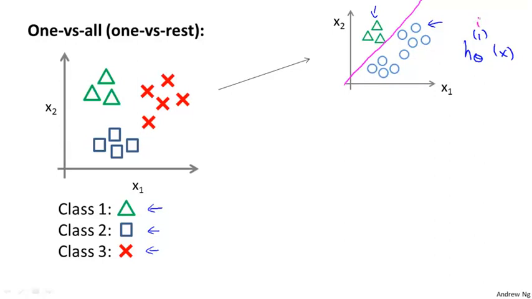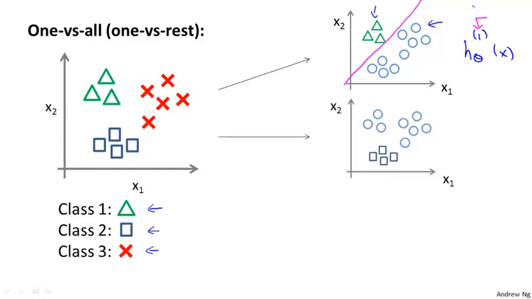Okay? This superscript 1 here stands for class 1, so we're doing this for the triangles of the first class. Next, we do the same thing for class 2. We're going to take the squares and assign the squares as the positive class and assign everything else, the triangles and the crosses, as the negative class. And then we fit a second logistic regression classifier. We call this h of x superscript 2, where the superscript 2 denotes that we're now treating the square class as the positive class, and maybe we get the classifier like that.